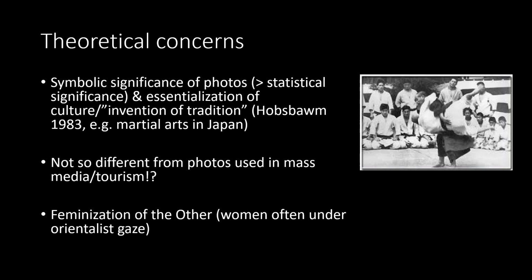Also, you might find invention of tradition here. Okay, this draws on Hobsbawm's idea, which is not only about Japan again, but one example from invention of tradition is martial arts in Japan. But basically, invention of tradition means that tradition that we know of might have been invented or reinvented in modernity.